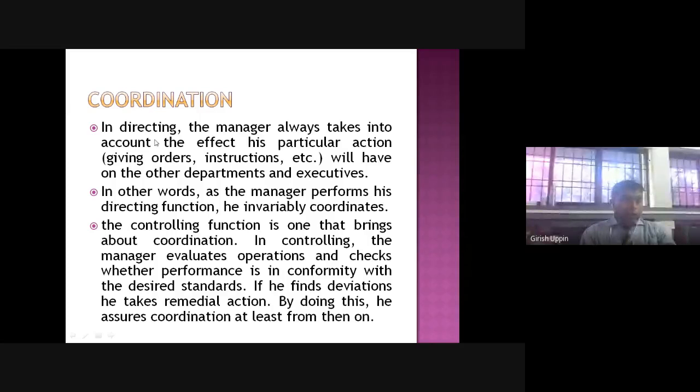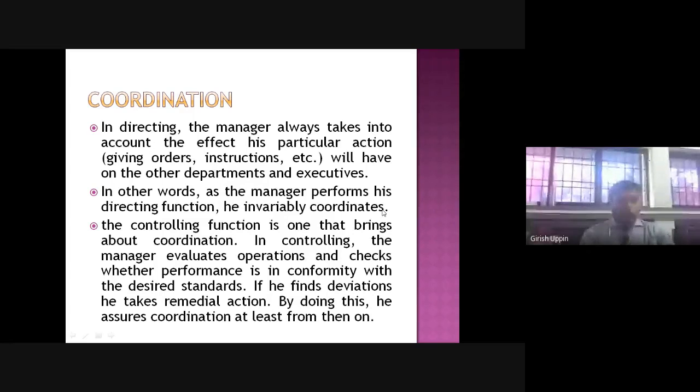At the directing stage, the manager always takes into account the effect his particular action, that is giving orders and instructions, will have on the other departments and executives. When he is directing, the other departments that need to work or coordinate for a particular manager will be well taken into account in the directing phase.